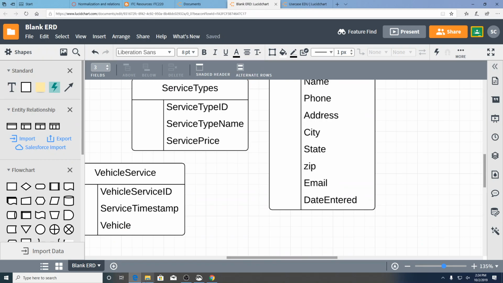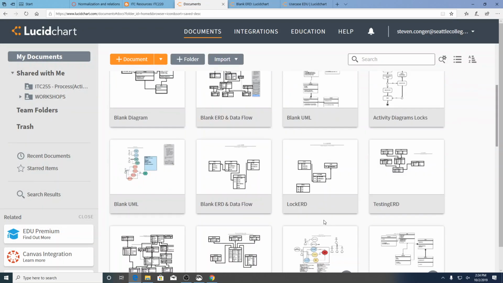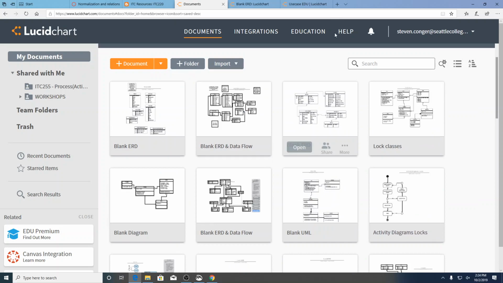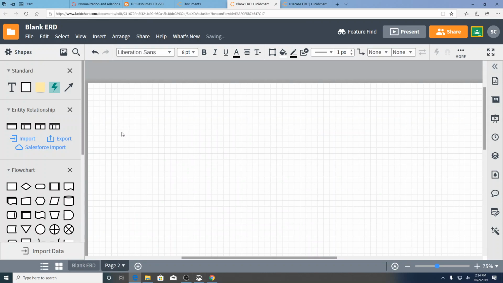Do I have one here? I'm going to go back to documents real quick. Do I have book and authors? Actually, I'm going to do a separate little thing right here. So let's do book and authors. I'm going to bring this in.